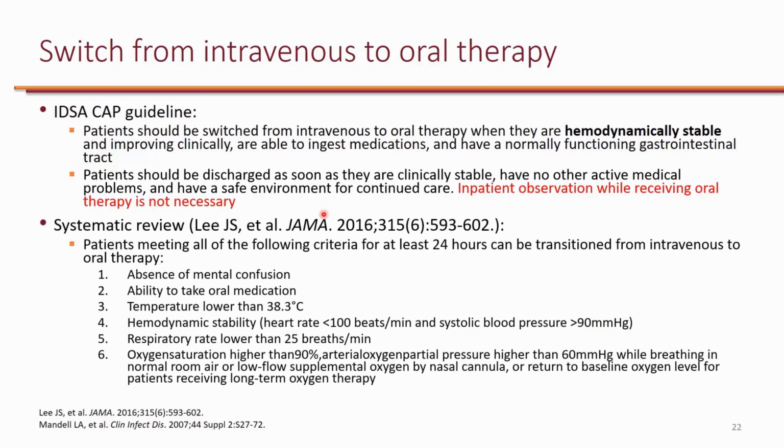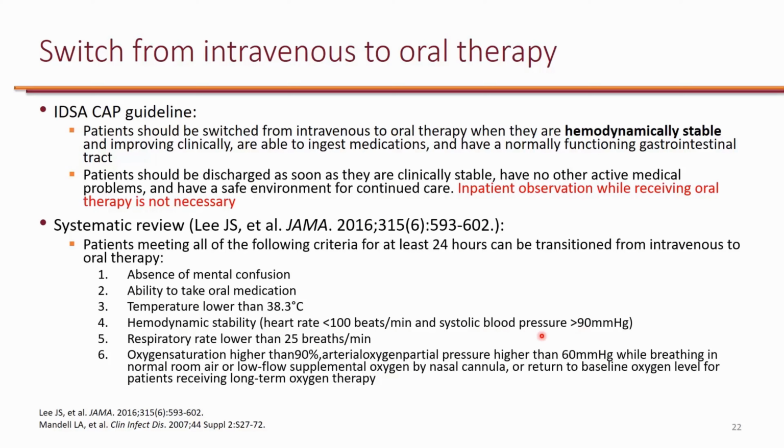There was a systematic review published in JAMA in 2016 that looked at the evidence for criteria helping transition patients from IV to PO. Basically: absence of mental confusion, ability to take oral medications, absence of fever, and hemodynamic stability, which is defined as heart rate less than 100 and systolic blood pressure greater than 90.